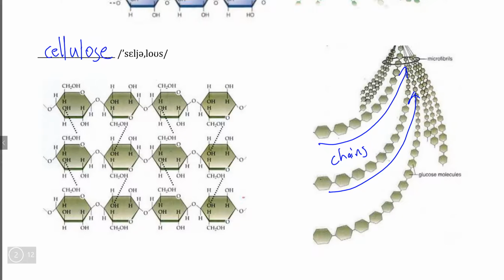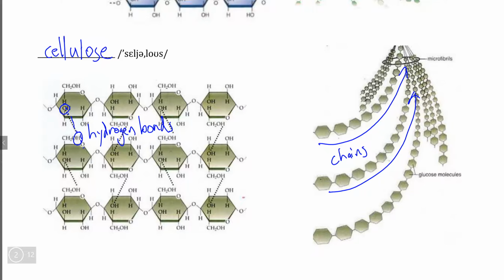Instead, the singular chains of monosaccharides strung together are held together by hydrogen bonds, because once again, the individual monosaccharides within carbohydrates are polar molecules, which means the attraction that forms between the oxygen on one and the hydrogen on the other are able to keep these chains held together.